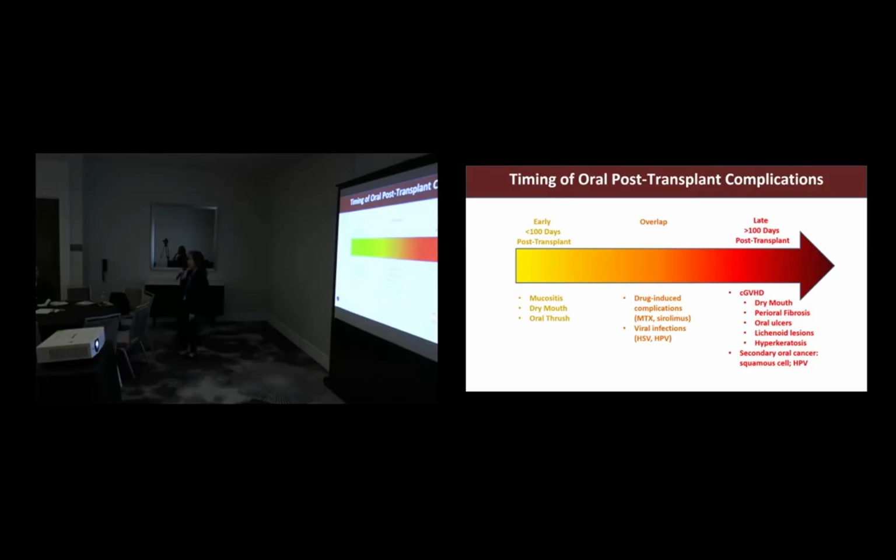It could also be secondary to viral infections that have reactivated or flared up, and that's usually from herpes simplex virus and human papillomavirus. And then in the late transplant period, those oral complications might be due to chronic GVHD, and we will go into a little bit more detail on the symptoms later on. And also, some of the complications could be secondary to the oral cancer that we just talked about.